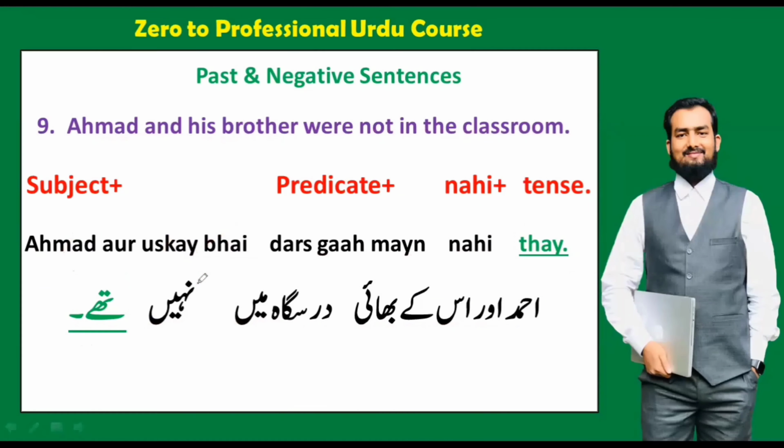Okay, so this sentence is in negative, so the structure is subject plus predicate plus nahi plus tense. So we have followed the same. अहमद और उसके भाई subject, predicate दर्सगाह में, नहीं and tense थे. Okay, so अहमद और उसके भाई दर्सगाह में नहीं थे means Ahmad and his brother were not in the classroom.